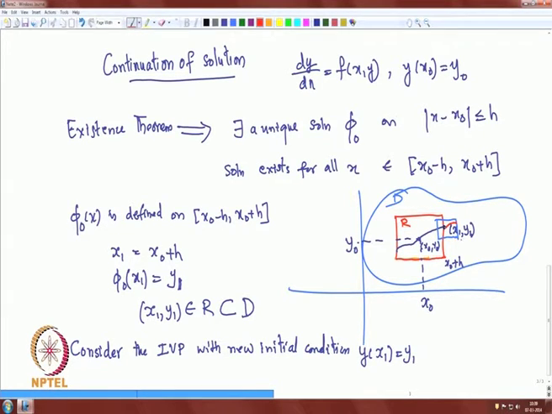The solution on the first interval we denote by phi 0, with the new initial point.